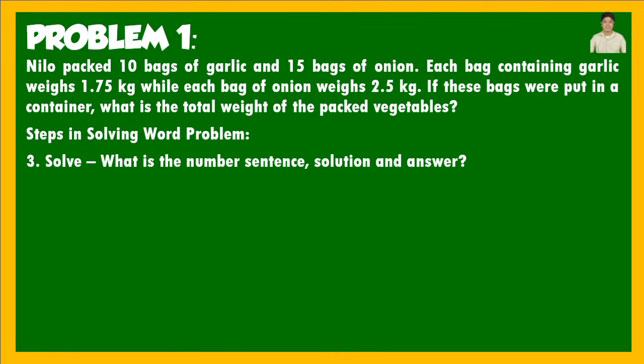So, let's have the third step. Solve. So, what is the number sentence, solution, and answer? So, yung ating number sentence dito, 10 times 1.75 plus the product of 15 and 2.5 equals n.